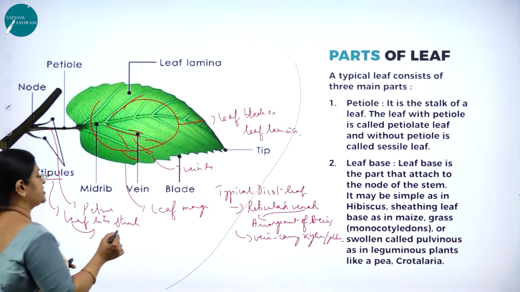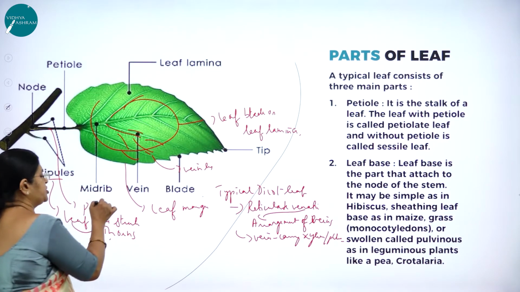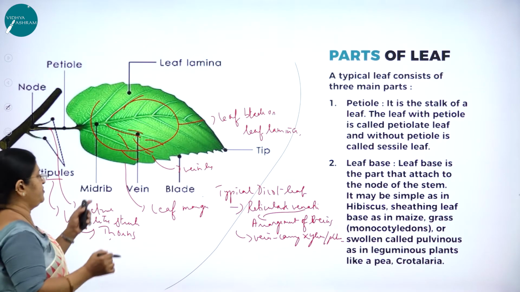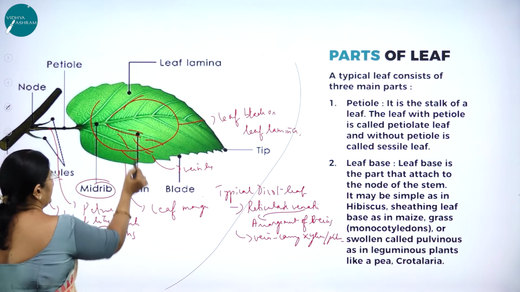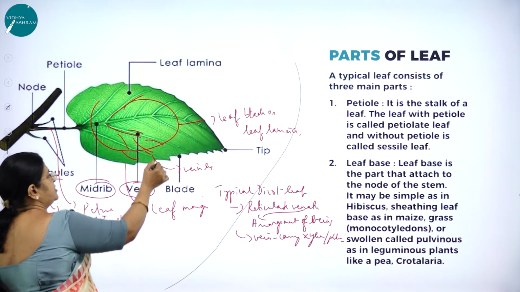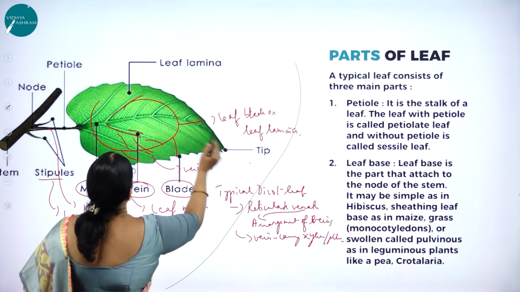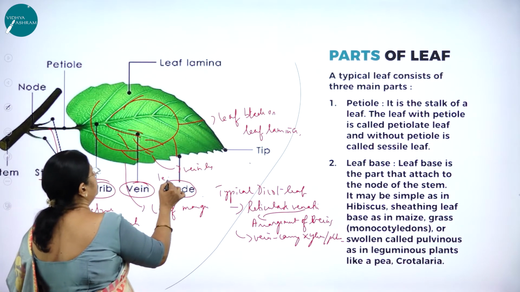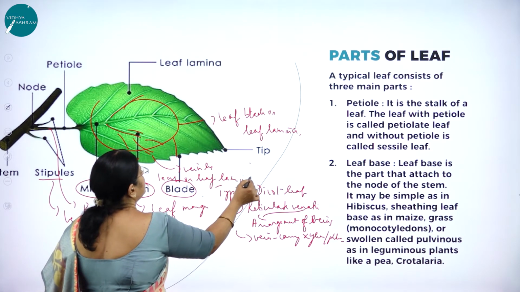Here you can see the stipules. Stipules are small leafy structures. Sometimes these stipules get modified into thorns. The stalk of a leaf is called petiole, which extends as midrib. Here you can see the midrib, and these are the veins. This is the leaf blade, and this is the leaf margin with the leaf tip. This whole thing is called leaf blade, or otherwise leaf lamina.